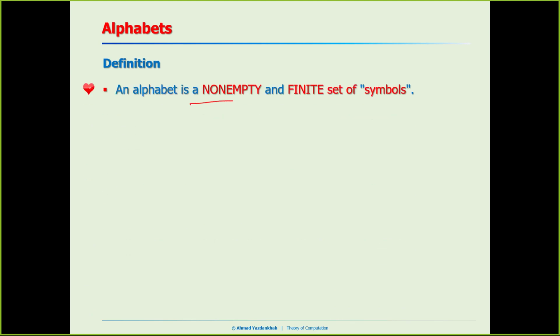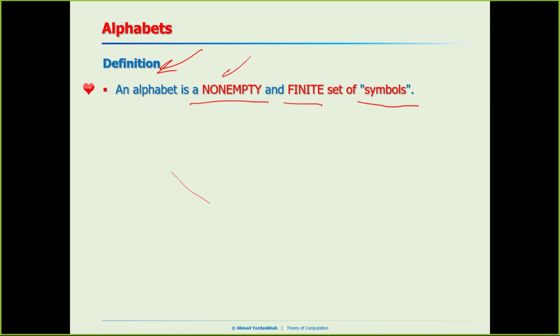What is an alphabet? An alphabet is a non-empty and finite set of symbols. So it should be non-empty, it should be finite, and it consists of symbols. Is there anything in this definition that we have not defined before?